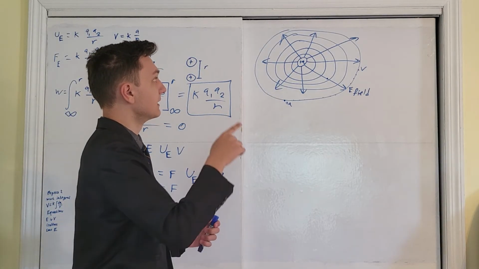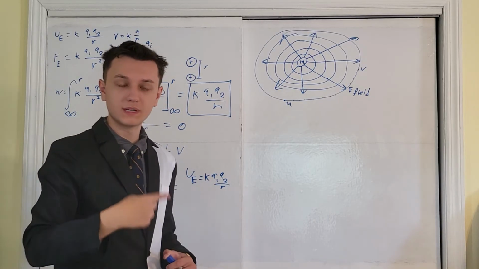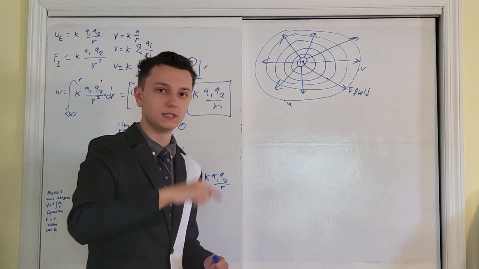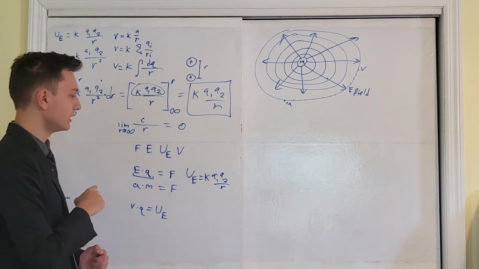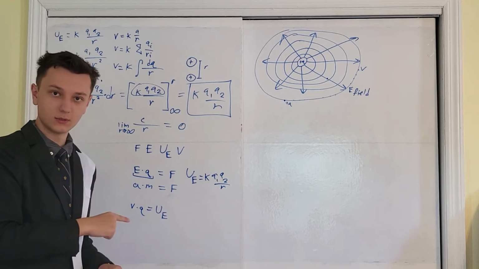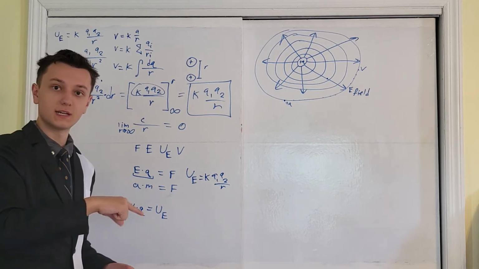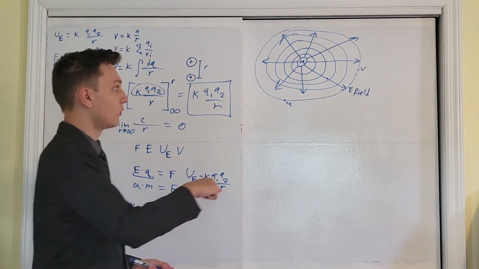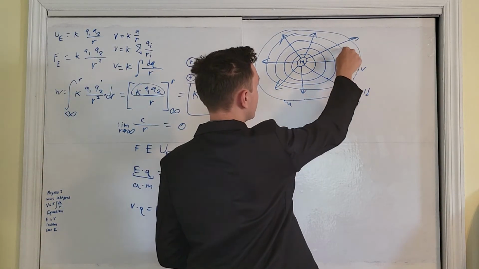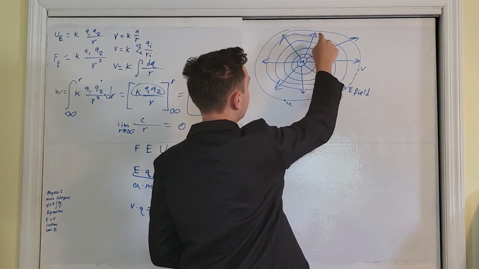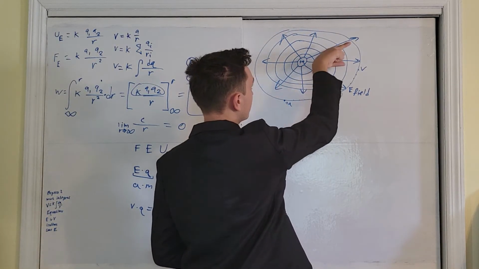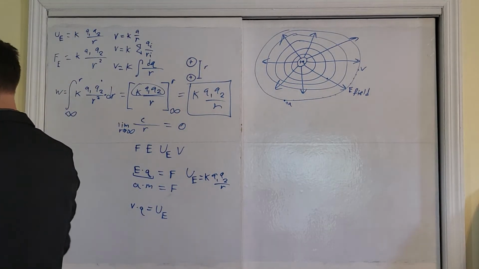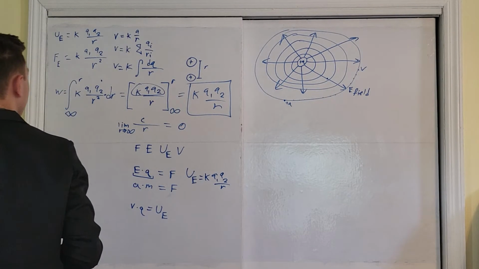Therefore, the electric force must always be perpendicular to the isoline, so that in the dot product in our work integral for energy, the dot product is always zero, because in order for potential energy to be constant, work done must be zero. That's why the isoline must be exactly perpendicular to our electric field vector, which is a determinant of the force vector. Now let's move on to some of the other equations you've been given here.